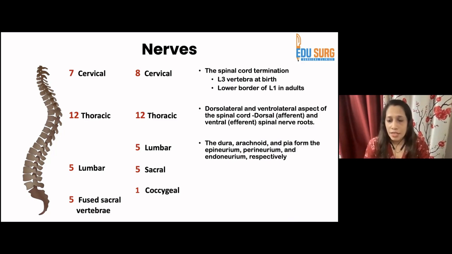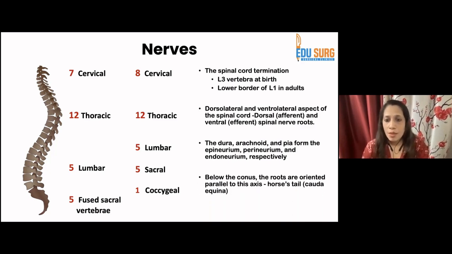The dura, arachnoid, and pia mater, when they exit, protect the peripheral nerves and form the epineurium, perineurium, and endoneurium, respectively. Below the conus, the roots are oriented parallel, and they look like a horse's tail, the cauda equina.